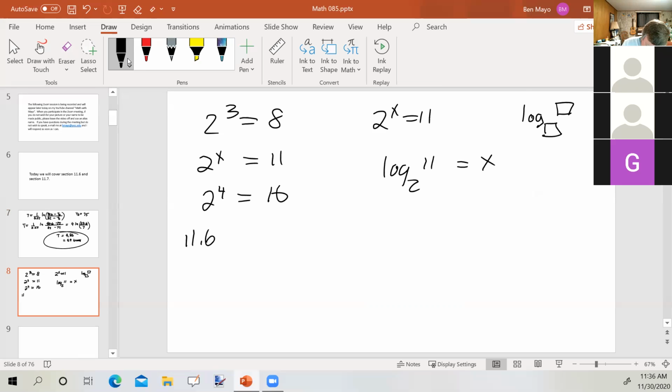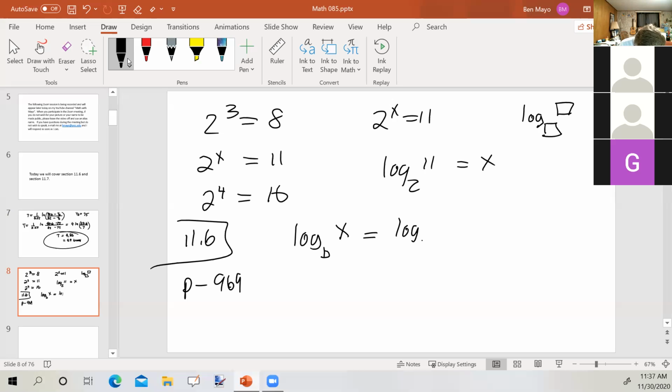Okay. So in 11.6, there's a formula called the change of base formula. It's on page 969 in the textbook. I don't know about the ebook, but the formula looks like this. It says log base b of some quantity x equals log base a of x divided by log base a of b.